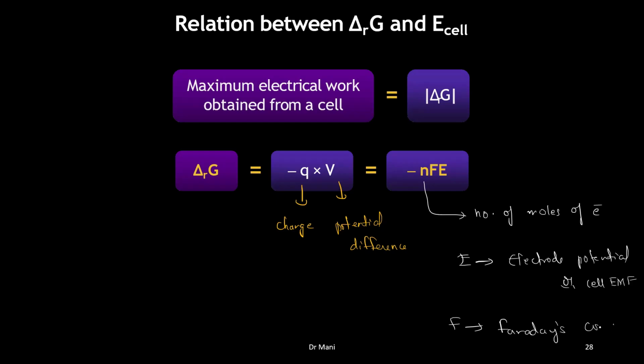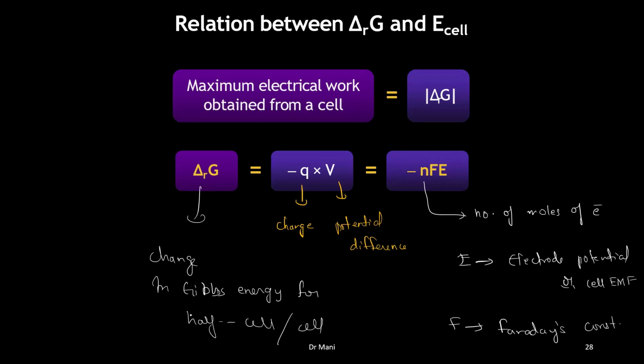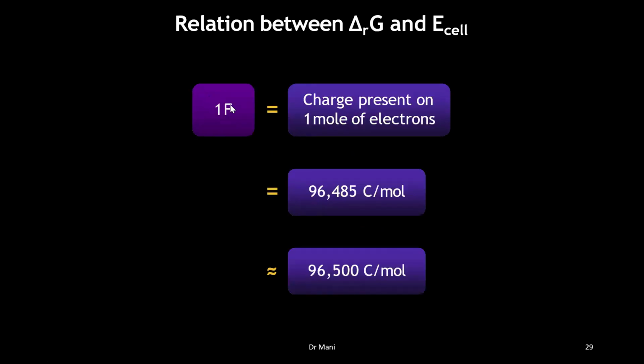Delta rG means change in Gibbs energy, for a half cell, or you can take the cell also. So F value is 96,500 coulombs per mole. Remember that.